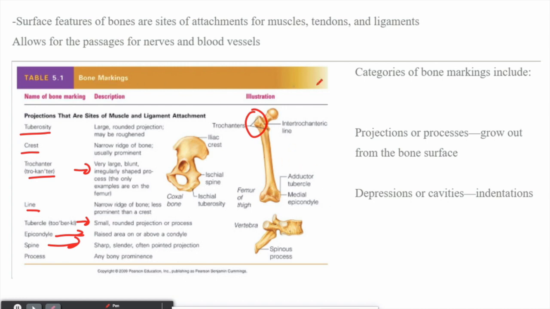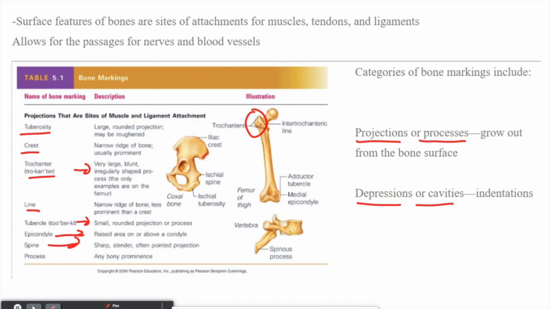But these bone markings are going to be projections or processes that grow out of the surface of the bone. They can also be depressions or cavities. And they all have a function, right? Every bump on this bone, every indent on this bone has a name and has a function. Okay, we're not going to learn all of them, but we're going to learn a good deal of them.